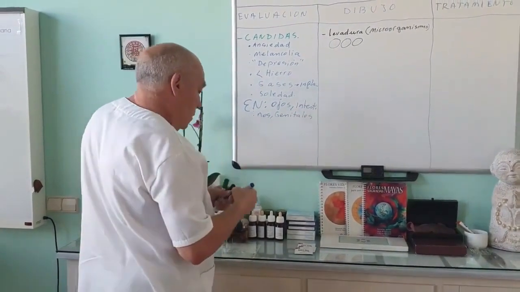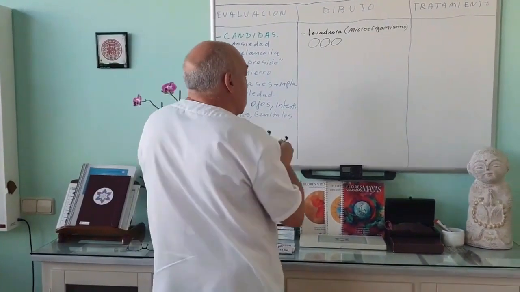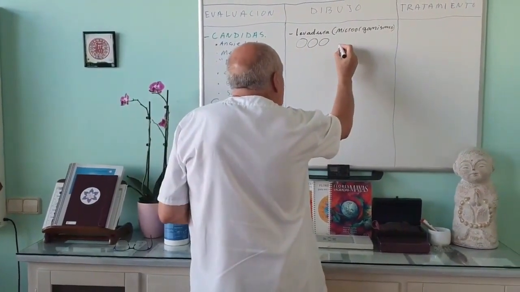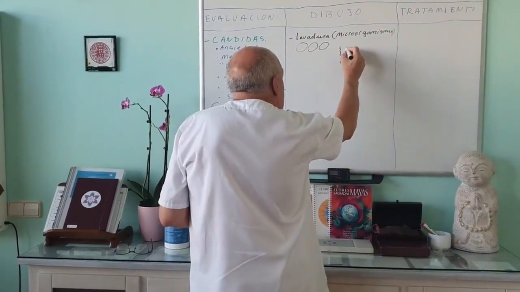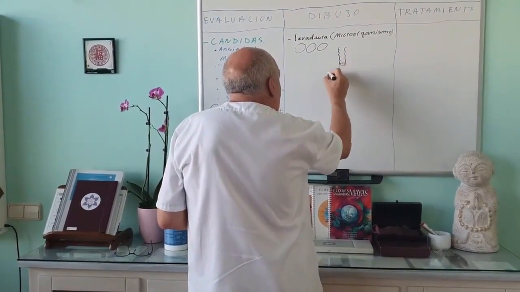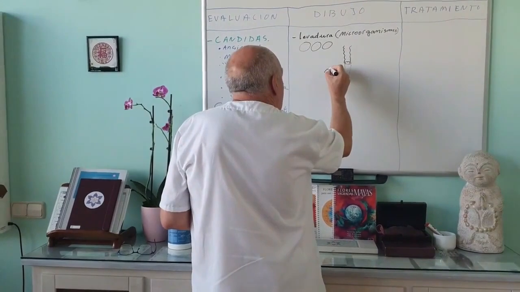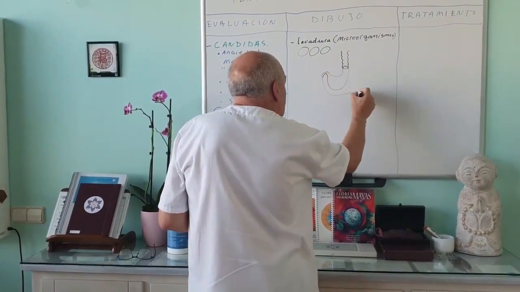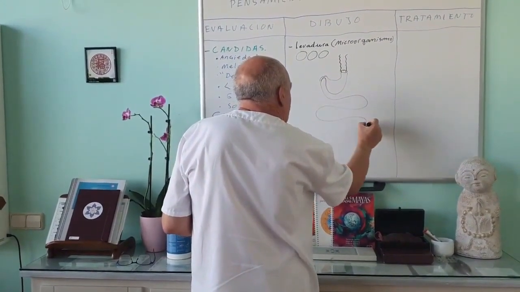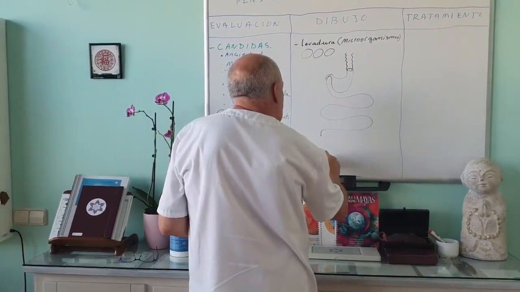So, I'm going to make a little drawing. This is the esophagus, the hiatus, the stomach, and the small intestine, and the large intestine.